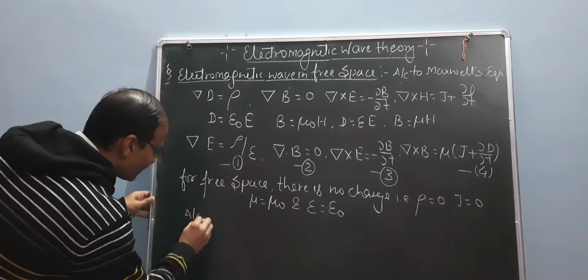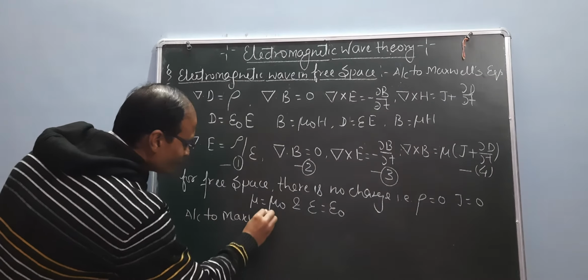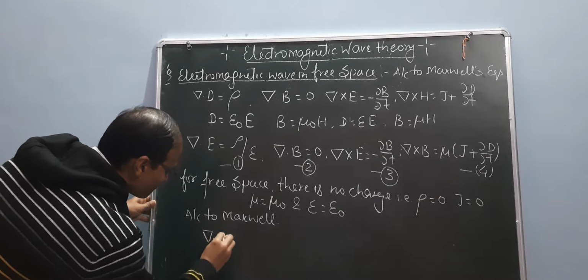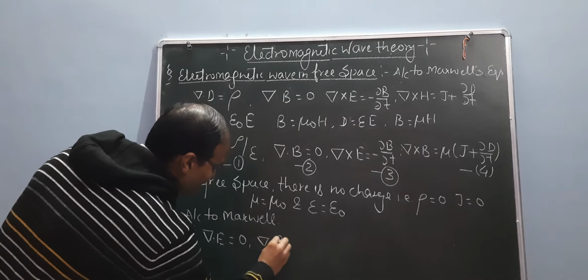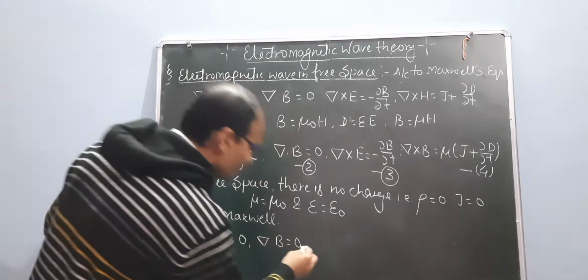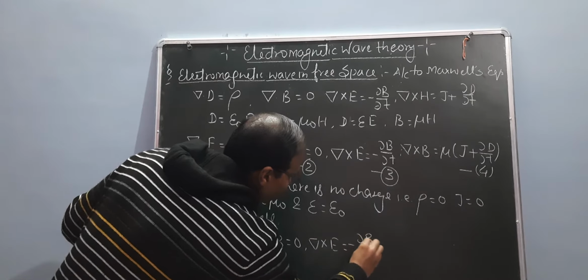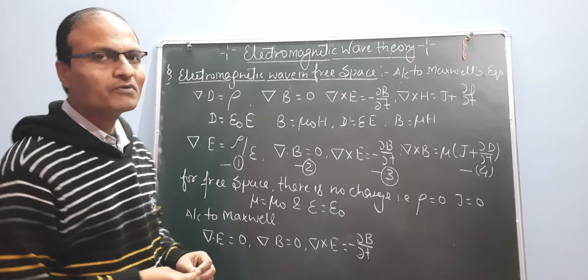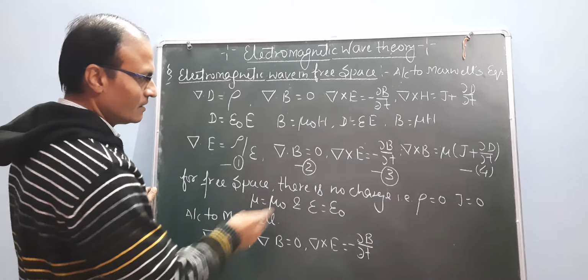So according to Maxwell, using these conditions, del dot E equal to 0 and the second equation is del dot B equal to 0. The third equation is del cross E equal to minus dB upon dt, and the fourth equation, del cross B equal to mu J plus del D over del t.